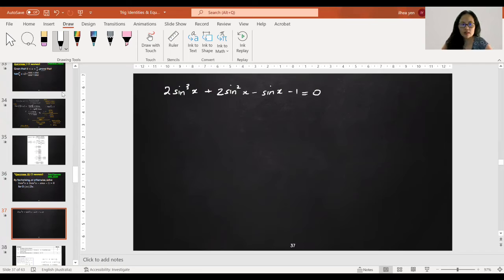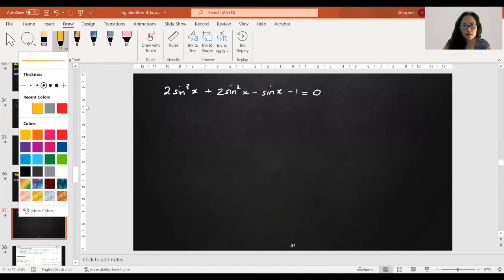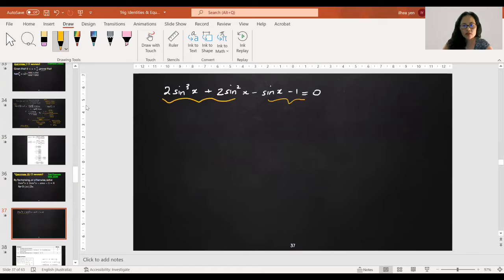All right, so this is what we've got, and we have to factorize this. I would just do factorizing by grouping, really. I will go with the first 2 terms and the last 2 and see what happens. So what's the common factor here? 2 sine square x. If I take that out, I'm left with sine x plus 1, and then I'll take the minus out, and then plus 1.